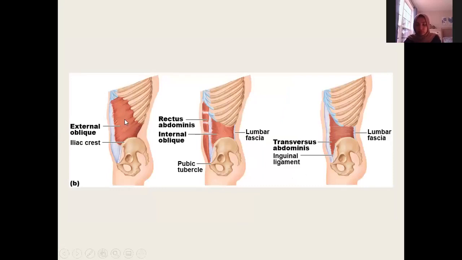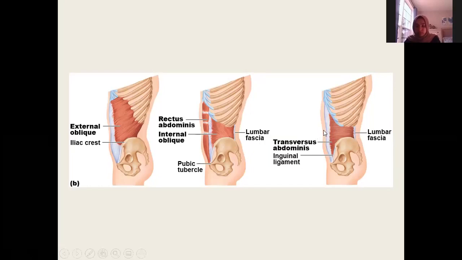External obliques, this is obviously the side view of everything, is the outermost layer with that aponeuroses. Then you have, cut that away, the rectus abdominis, and then the internal obliques. Cut those away, and you have the transverse abdominis.